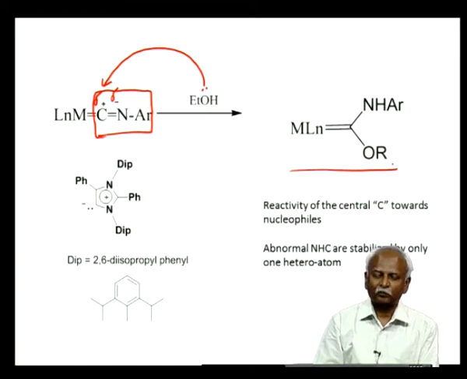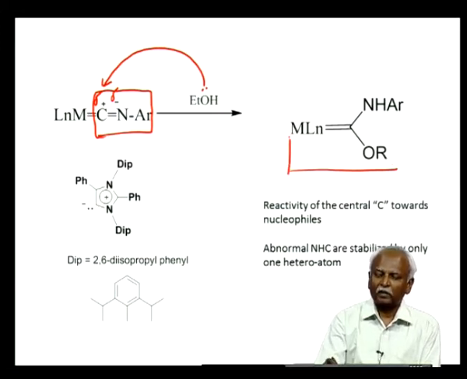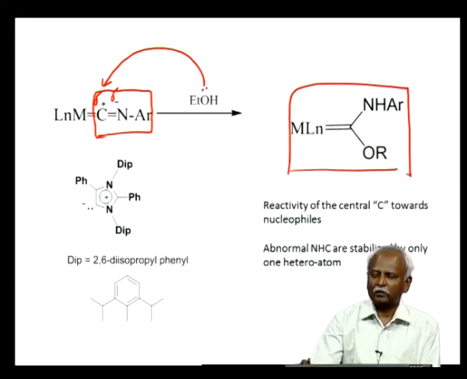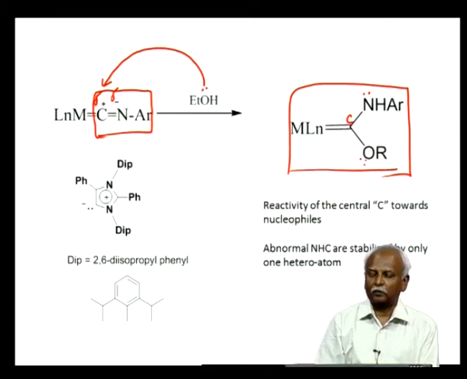disadvantage because you can't use the isocyanide itself. It very often reacts with the solvent or with the nucleophile and generates a different molecule altogether. But this molecule by itself is a stable species very often, because you have a carbenic carbon which is stabilized by two lone pairs, just like you have these N-heterocyclic carbenes which are stabilized by two nitrogen atoms.